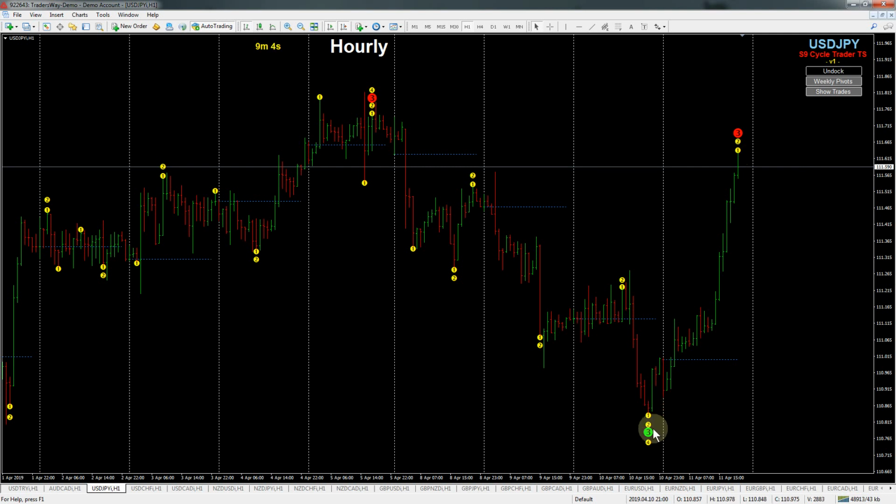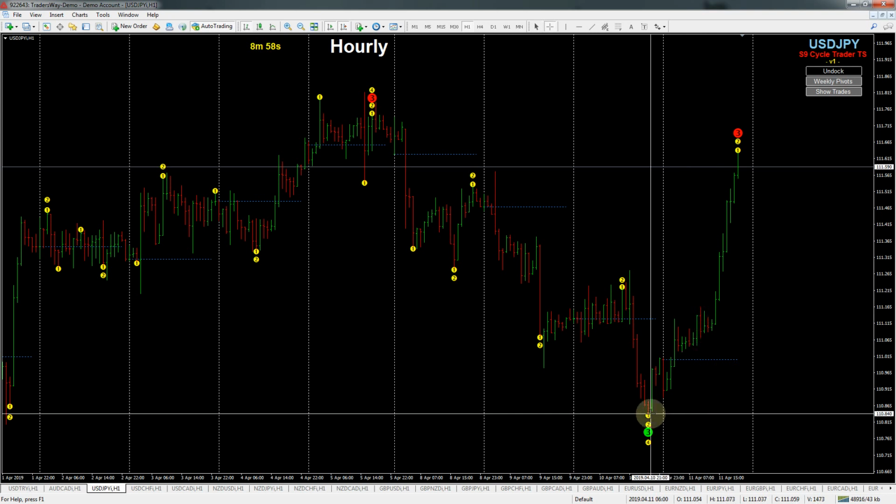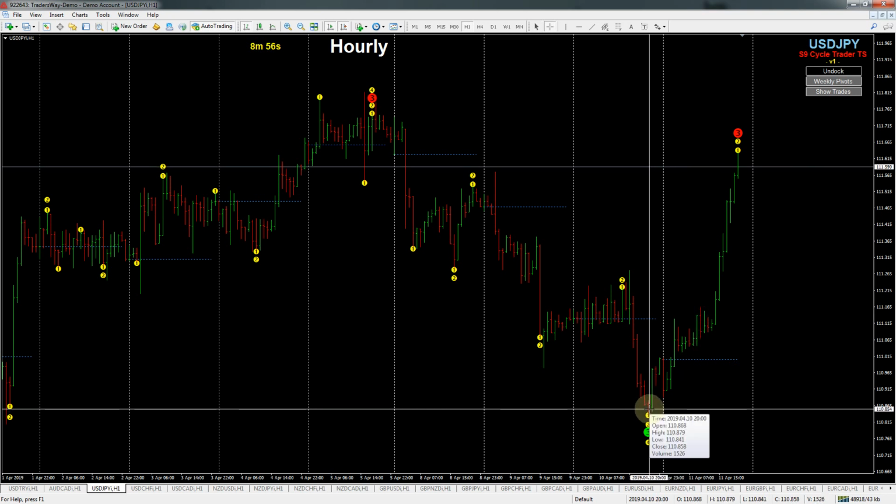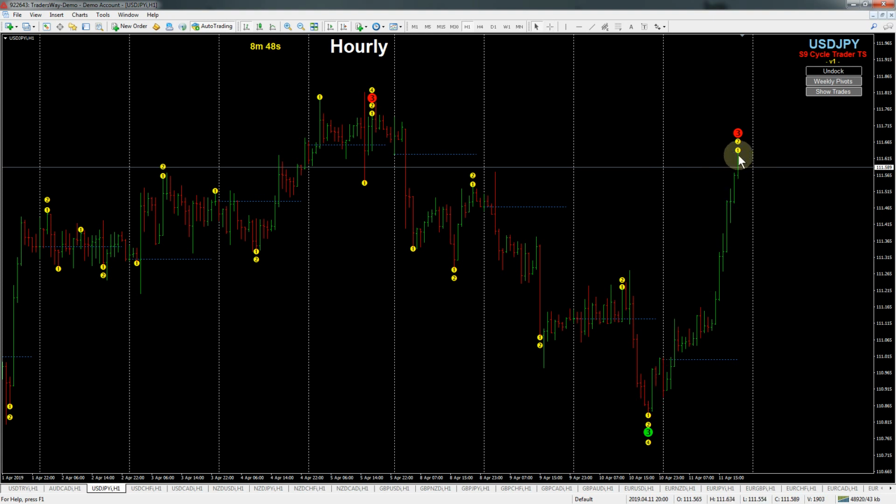If we would have got in down here on this entry, we would actually be getting out right now, because it's an opposite signal. We would have picked up 73 pips, and right now it's signaling a short. So we would close this long, and now we would be going short.